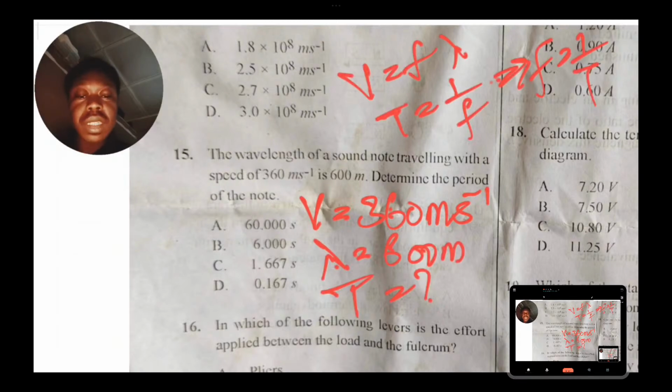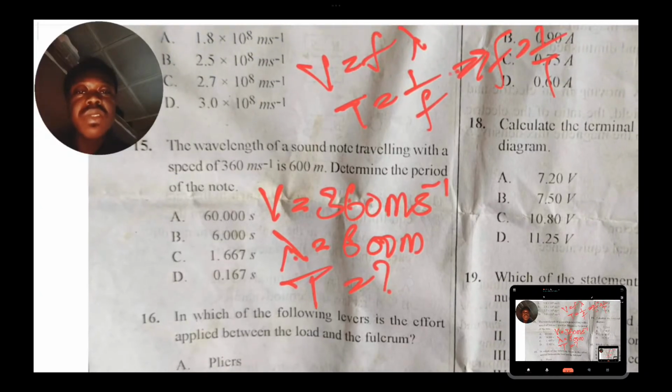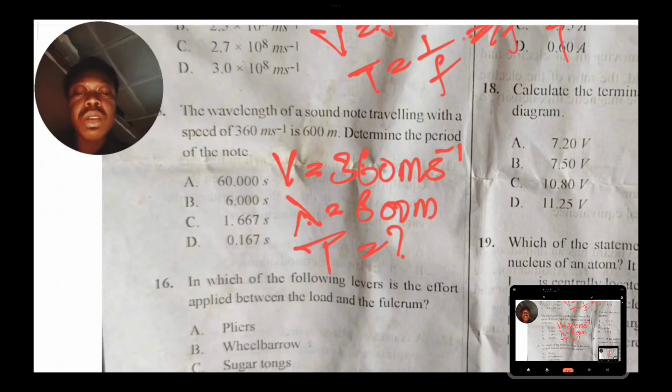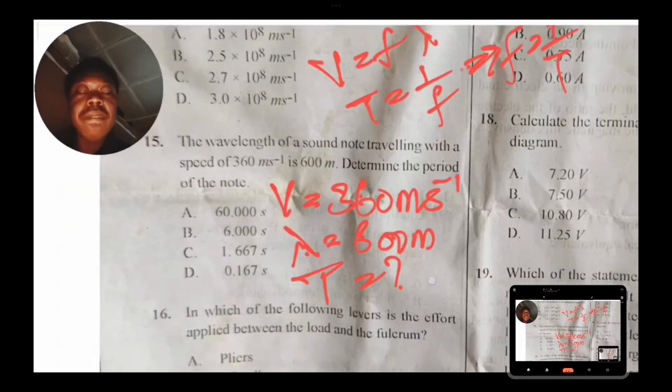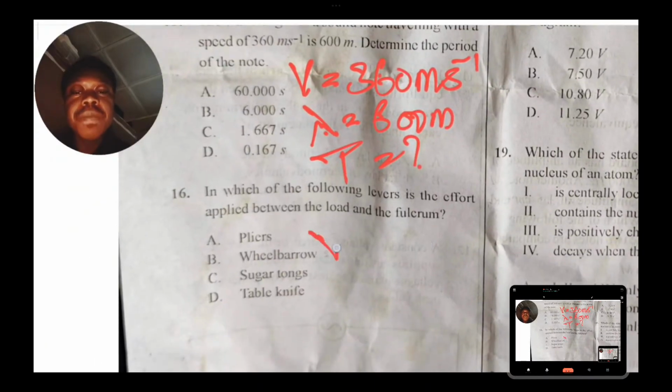You are done. Exactly. So for us to achieve this, we can bring T into V equals F lambda. Since we don't have F, we can replace F with T. And how are we going to achieve that? We know that V equals F lambda.